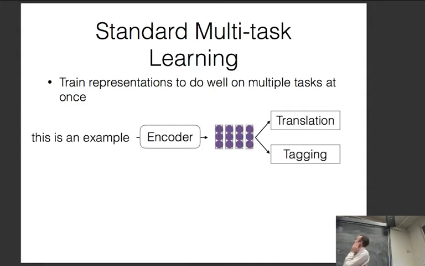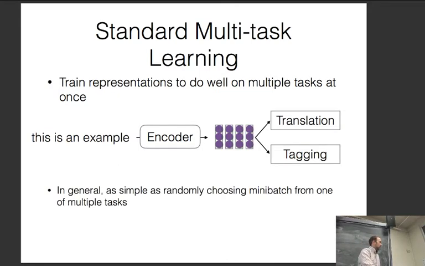The standard way of doing this in neural networks is we have something like a shared encoder, and we use the encoder for both tasks, and we train on both translation and tagging. And in general, it's as simple as randomly choosing mini batches from one of the multiple tasks, and then maybe having a separate decoder for each of the tasks.